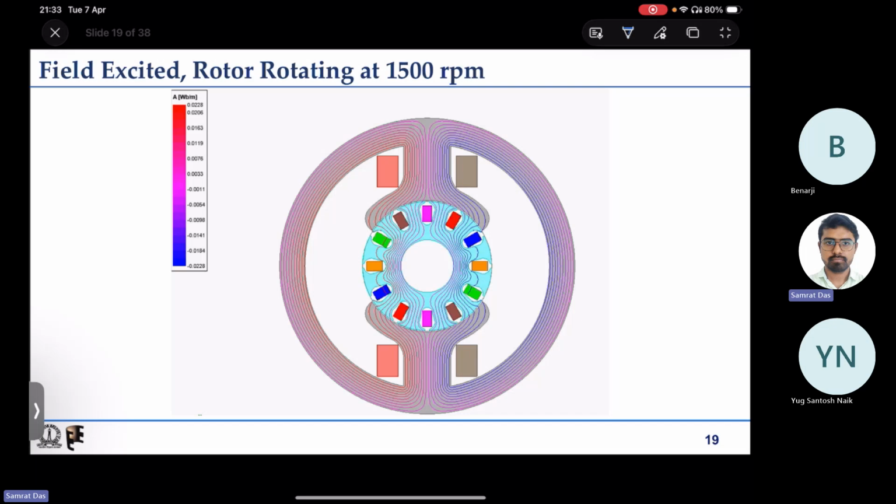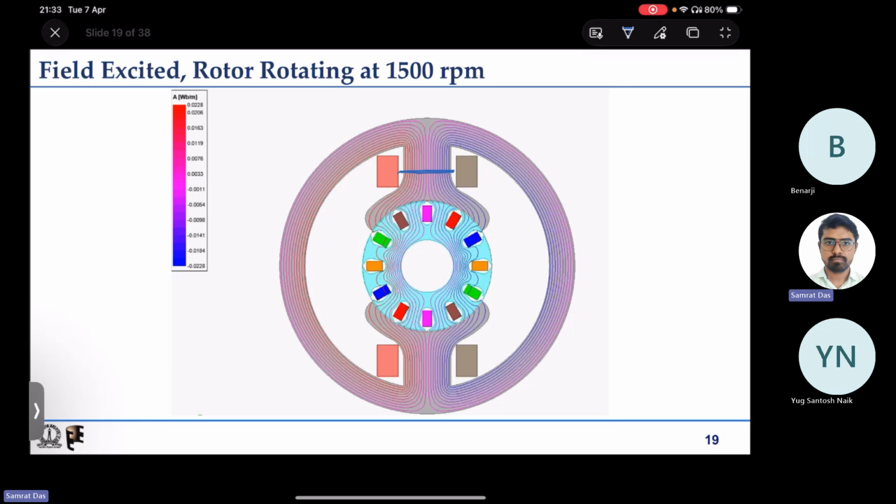If the field winding is excited with some current and the rotor is rotating, say at 1500 rpm, just a number, and the armature windings are not carrying any current, then if you look at the flux distribution on this pole, you can see it remains more or less the same.